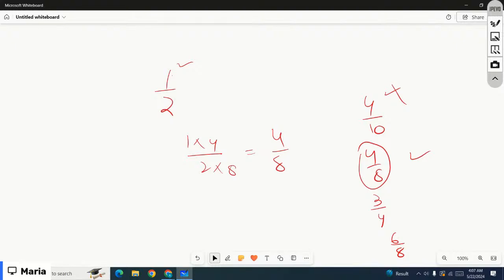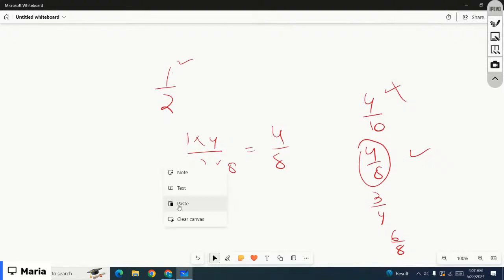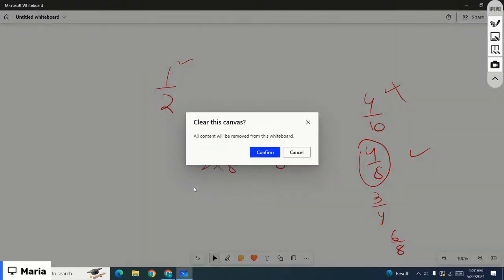Okay, the next one is 4 divided by the missing number equals 2 over 4. So which is the correct option? 2 times 2 is 4, isn't it?